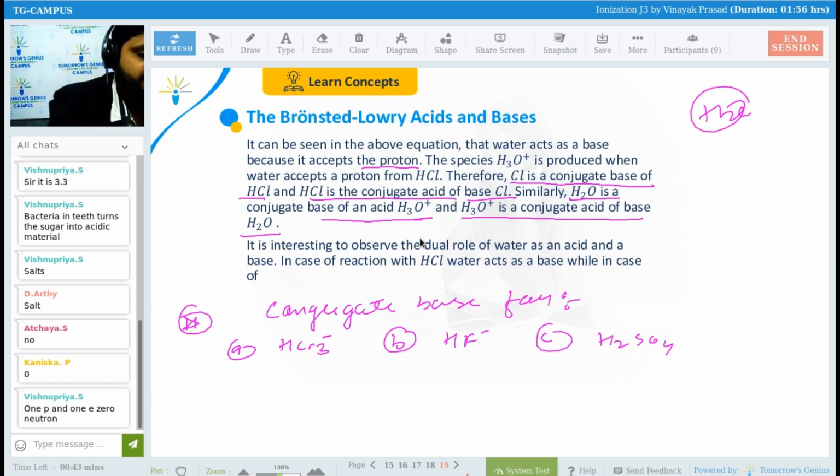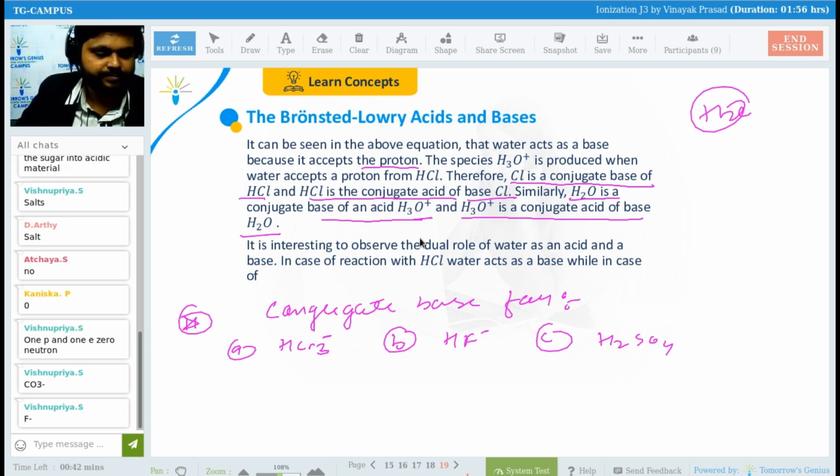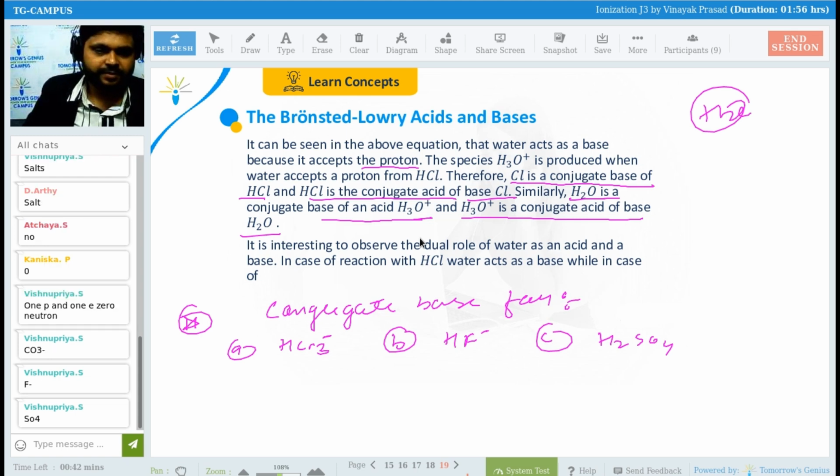Can anyone tell me about this? What will be the conjugate base for this? Vishnu, you gave a very good answer. And what about HF minus and H2SO4? Guys, are you able to understand here? Others?